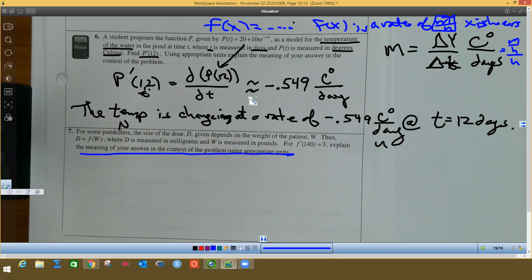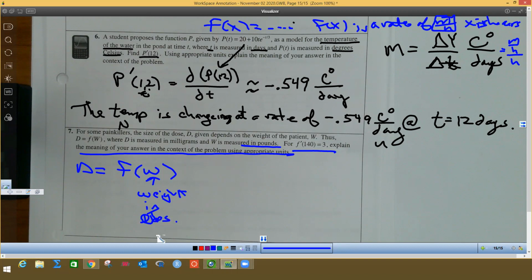So we are supposed to explain what this means. This says that D equals f of W. What are we talking about? Weight, in pounds, right here. So this is weight in pounds.